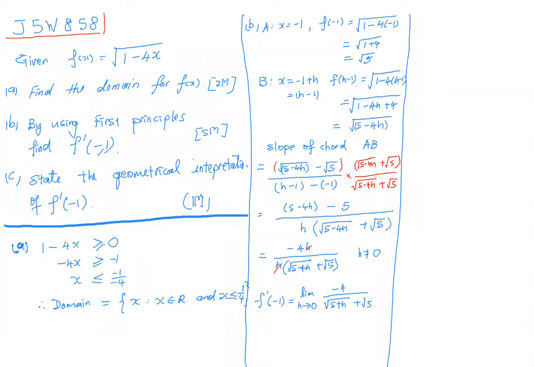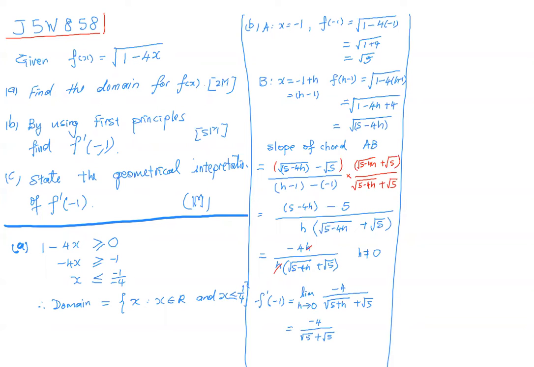Then the next step, try not to put h as 0. When h approaches 0, square root of (5 plus h) approaches square root of 5. So we put down negative 4 divided by square root of 5 plus square root of 5.